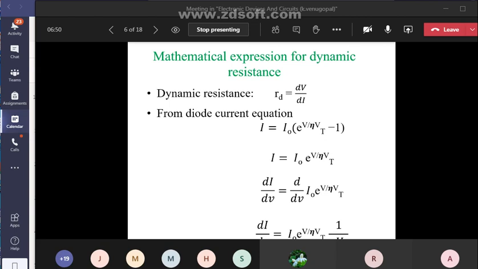From the diode current equation, we know that I equal to I naught into e power V by eta Vt minus 1. From this we can write I equal to I naught into e power V by eta Vt. We can neglect the minus 1.